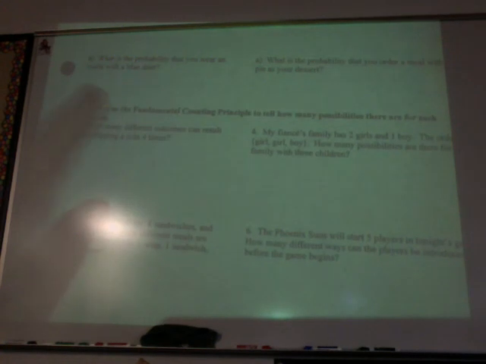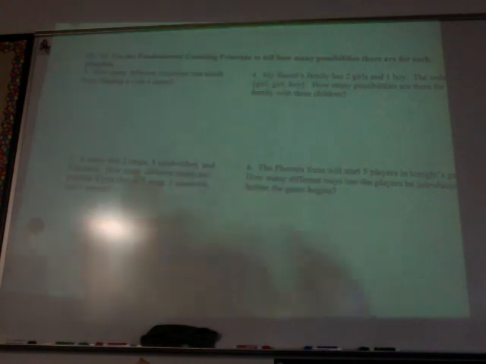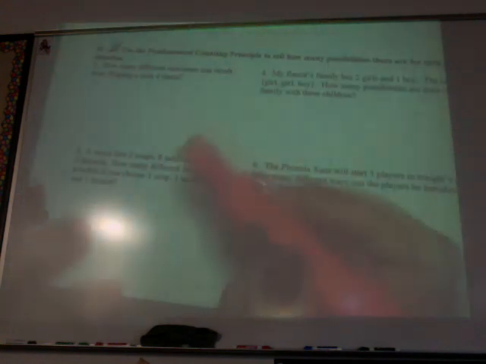Then there are some questions based on simple probability that you ought to be able to answer: favorable over total possible. Then you're going to use your counting principle for this one. Oh, and by the way, Mrs. Baker messed up her numbering. This should be through 16.